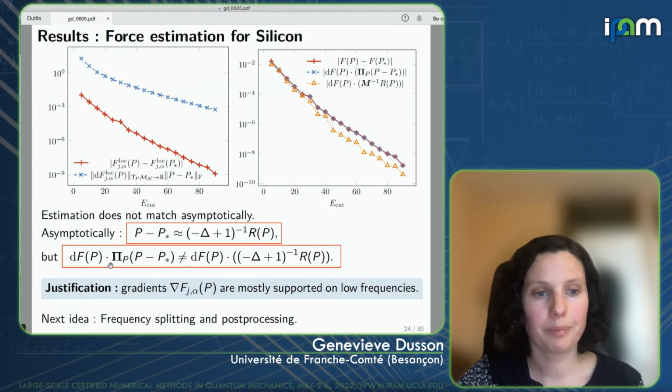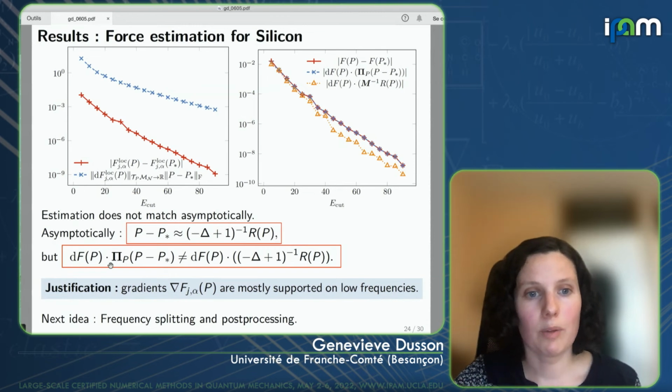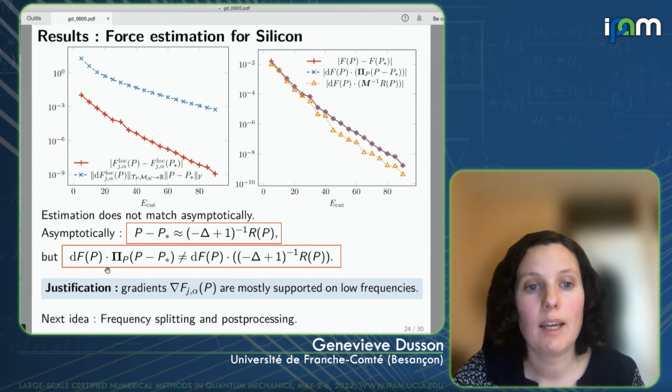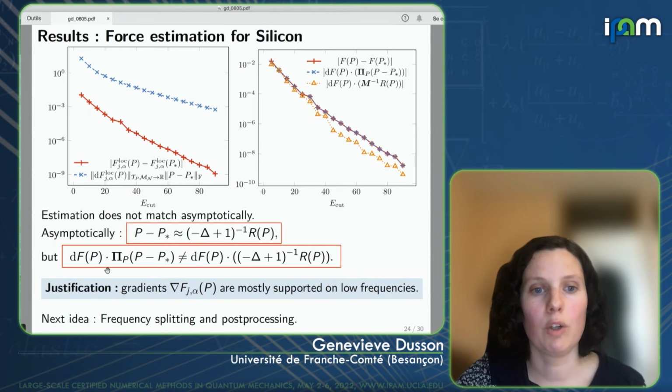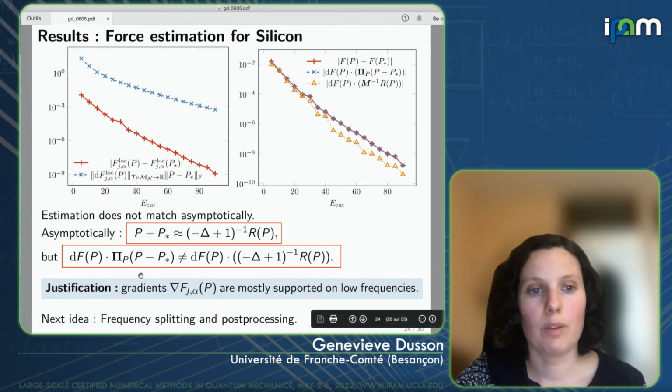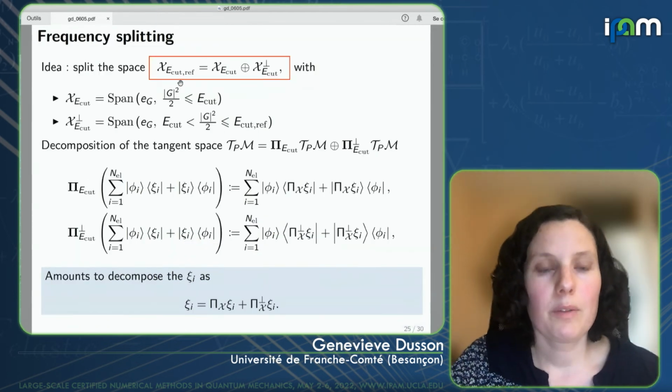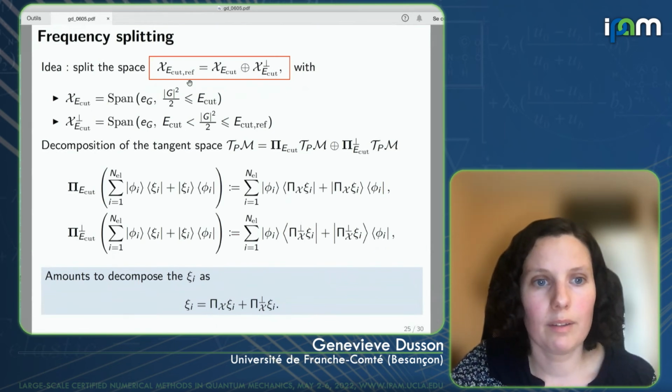And so our next idea was to try to use some frequency splitting. So try to separate between low and high frequencies and do some post-processing in order to capture the part in the error that is missing to approximate correctly the forces. Okay, so this was the idea.